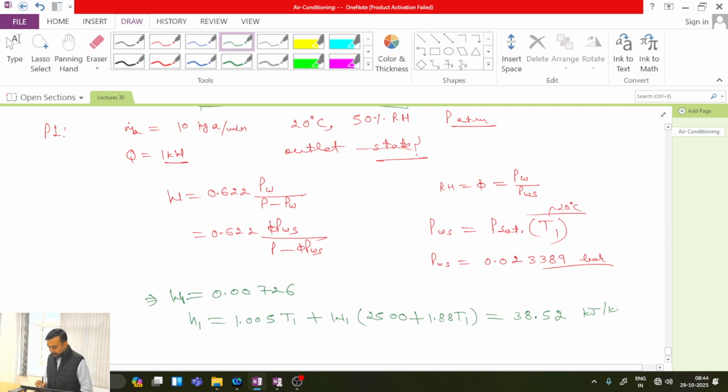It is 38.52 kilojoule per kg. Okay, that is the enthalpy.